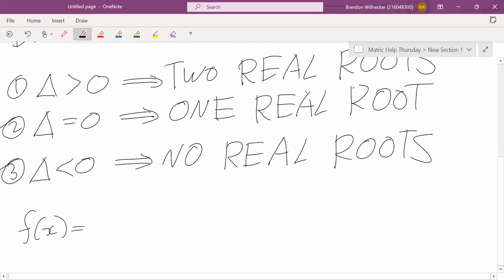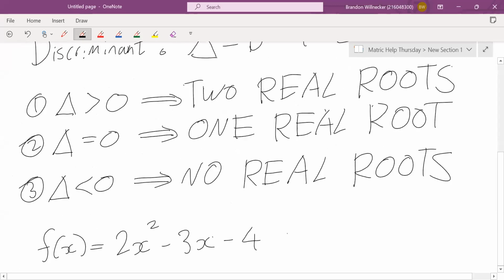f of x is equal to 2x squared minus 3x minus 4.